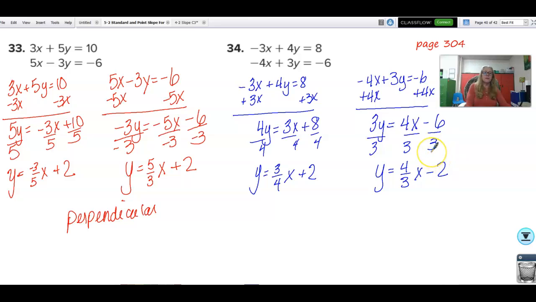Now, I'm going to go back and double check and make sure I did this right, because these look like they want to be perpendicular, but they're not negative reciprocals of each other. They're just reciprocals. So checking to make sure I did this right. Yep, these are neither, because they are reciprocals, but they have to be negative reciprocals to be perpendicular.